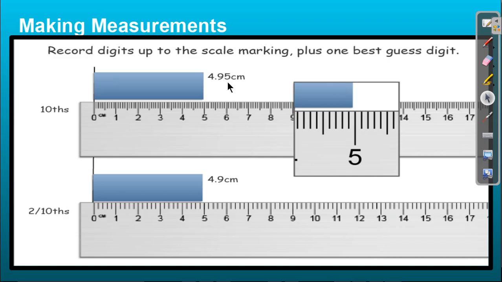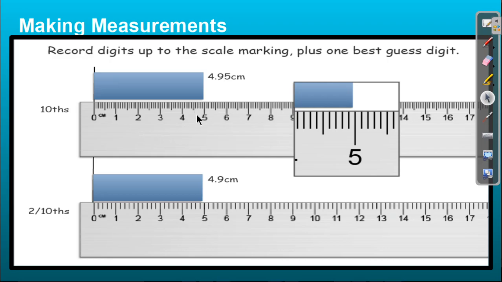Okay, we're going to talk about precision and accuracy in a minute. But just know that the smaller the scale of an instrument, the more digits you can give me after the decimal point. And that makes that instrument a better instrument. Okay? So a smaller scale makes the instrument better.